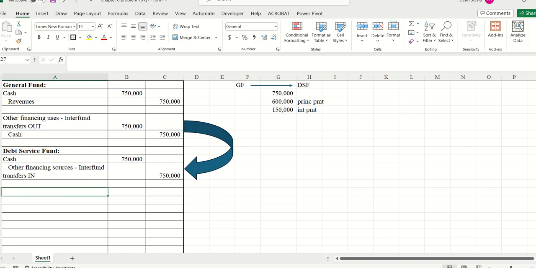So we have our expenditures for the bond principal and the bond interest.